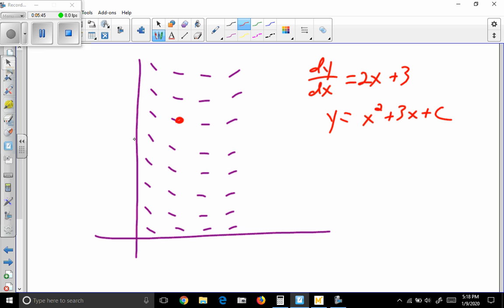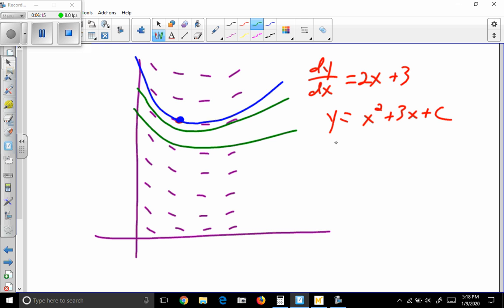So we have lots of families of solutions, but for a given point, there's only going to be one of these arbitrary curves that goes through that one point. So we can follow our slope field and find out what that arbitrary curve looks like. It could also be said that this family of curves, they don't intersect.